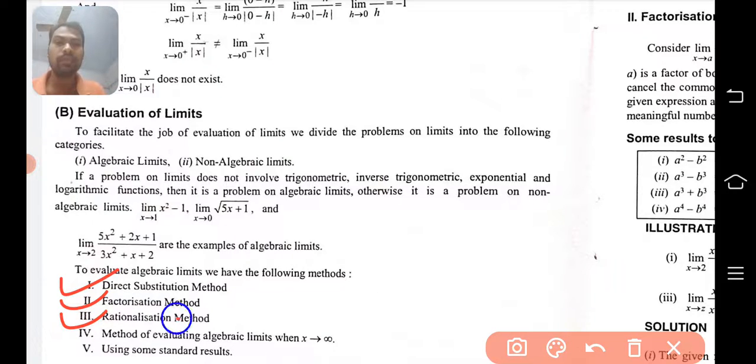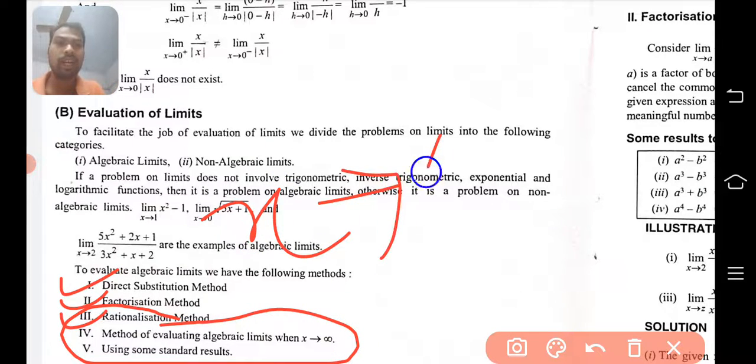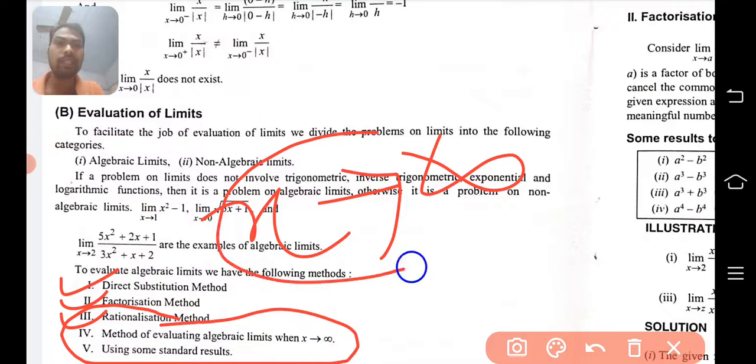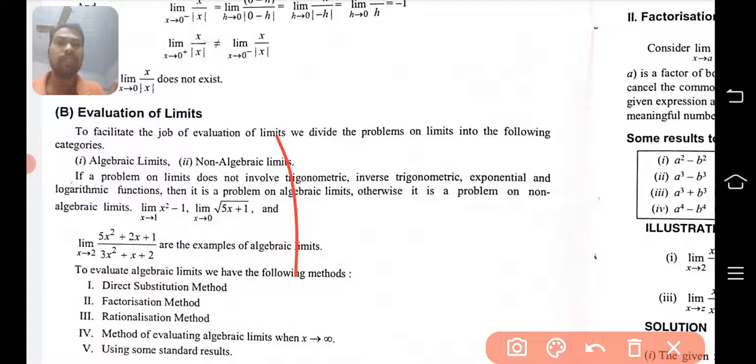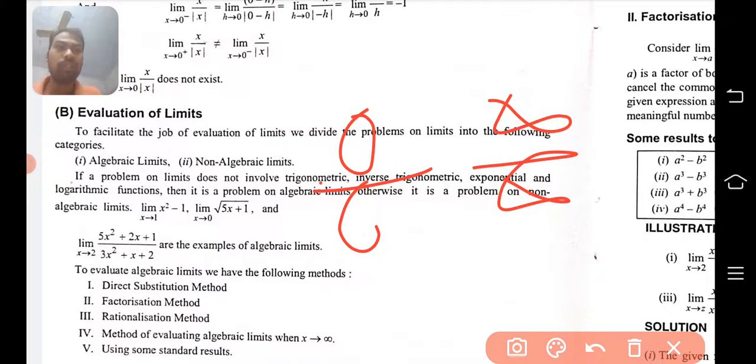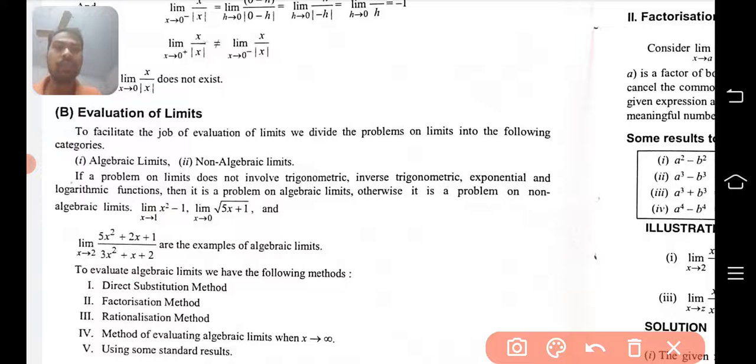From today's class, we shall be learning how to calculate the limit of such algebraic functions when x tends to infinity is given. Also, if some indeterminate forms appear, like 0 by 0 and infinity divided by infinity, there are some standard rules through which the problem can be solved.